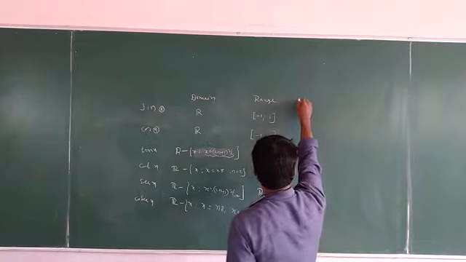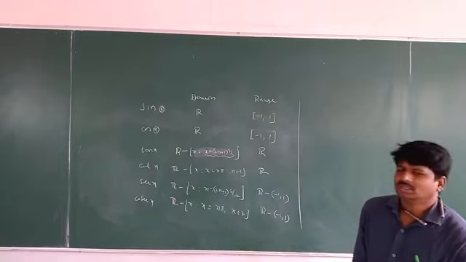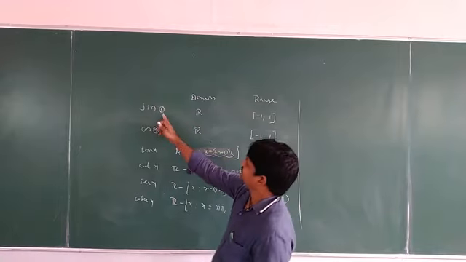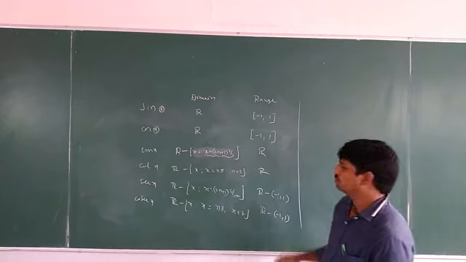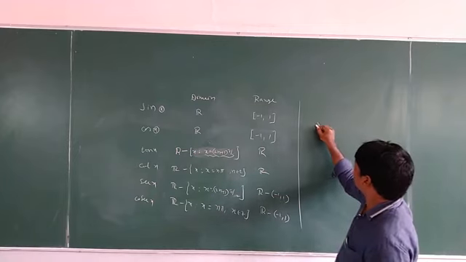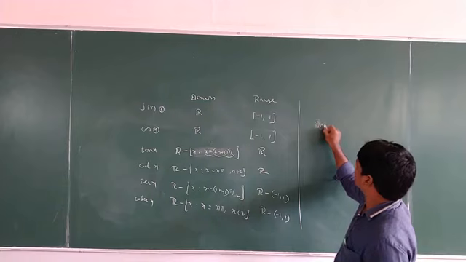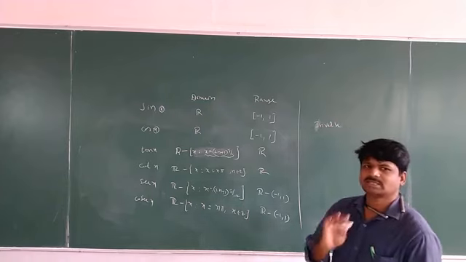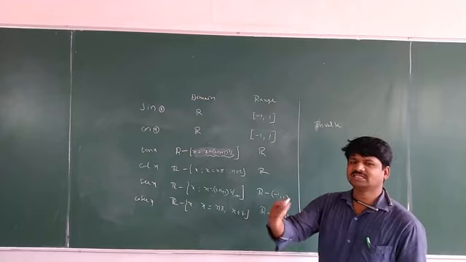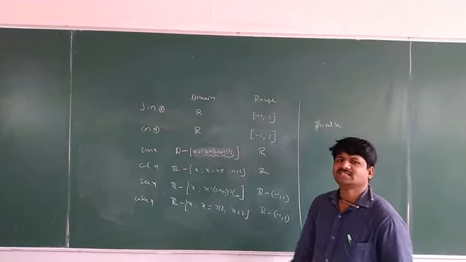Yes. Now sin x from R to the closed interval minus 1 comma 1. Okay. Now to define the inverse of trigonometric functions, what must be compulsory? When a function is invertible.